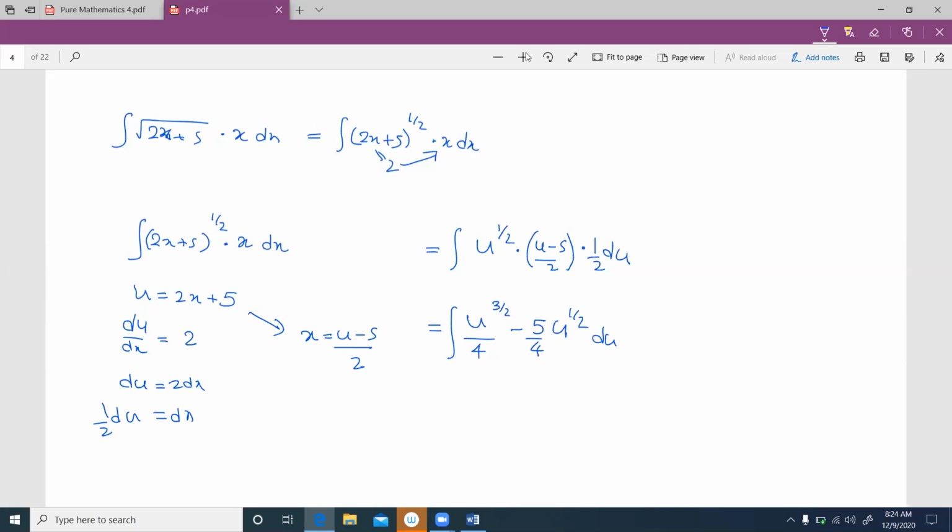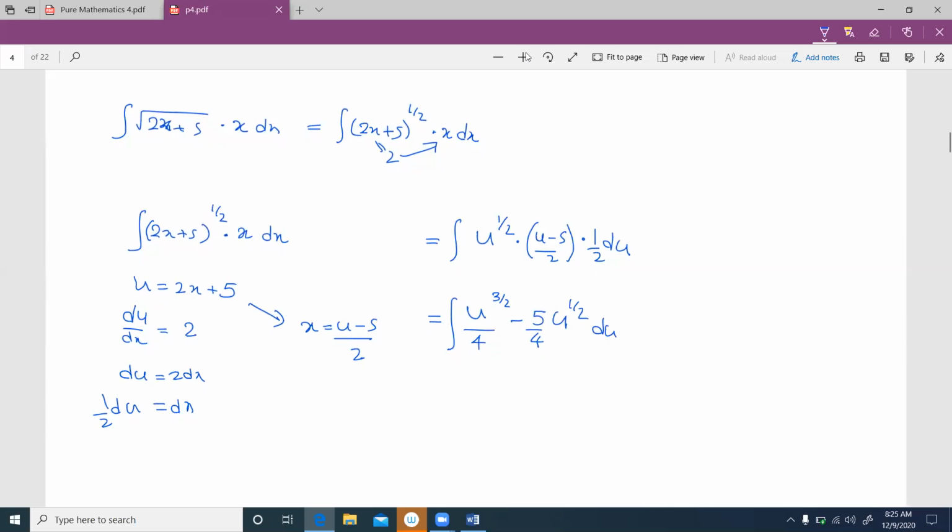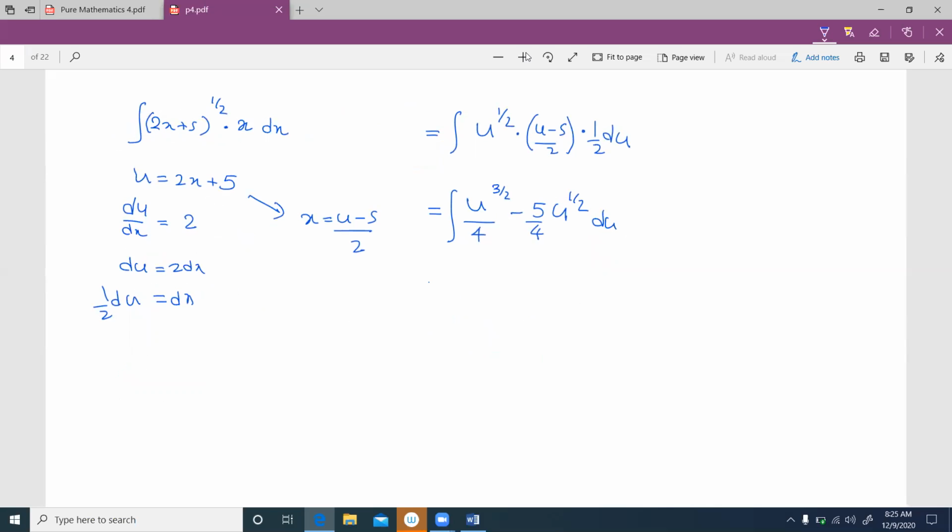Now you can do this integration. This turns into 1 over 4 u to the power 3 over 2 plus 1 is 5 over 2, over 5 over 2, minus 5 over 4 u to the power 3 over 2 over 3 over 2, plus c.